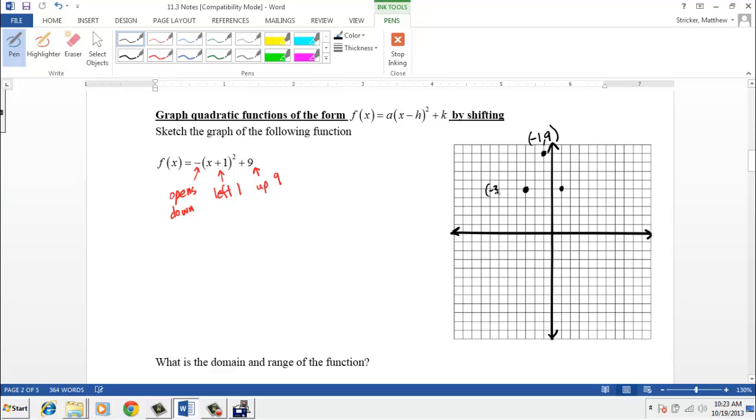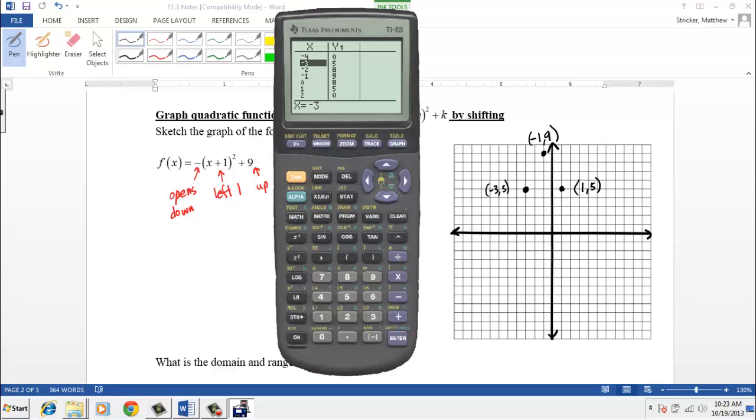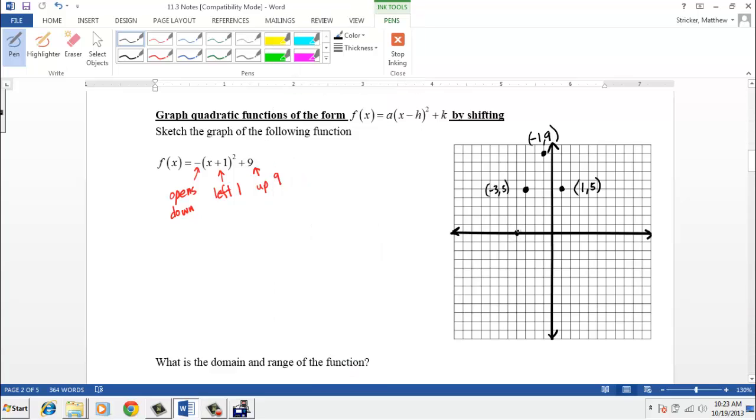We have negative 3, 5. We have 1, 5. Come back here. We have intercepts at negative 4, 0 and 2, 0. We get this nice parabola shape. We go ahead and put our smooth curve in here. See a nice parabola.